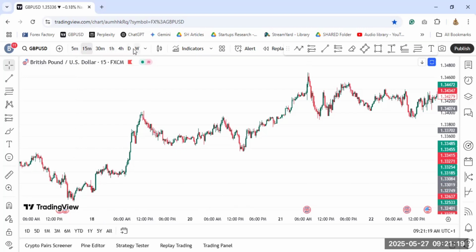These are where the time frames are. So this is the 15 minutes time frame. You click on it so that each candle here represents 15 minutes because you are trading within one day as a day trader. But as a swing trader, you can as well use the 15 minutes or you can use 1 hour because you are trading within weeks or months, and for some people is many days.